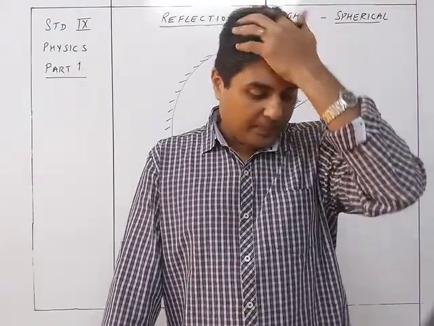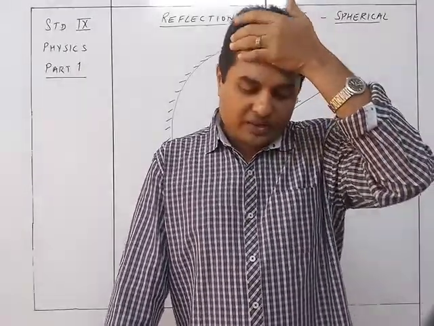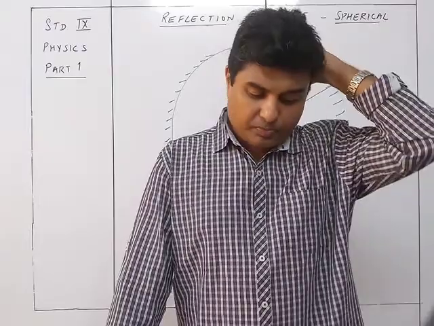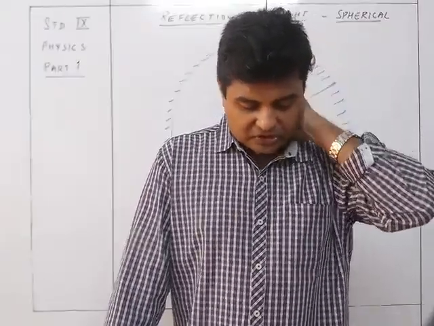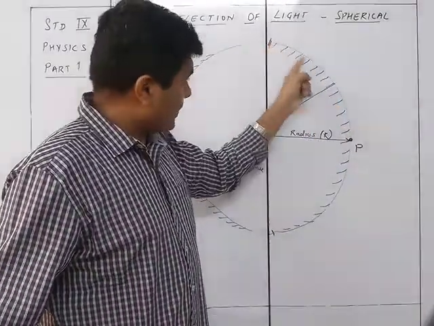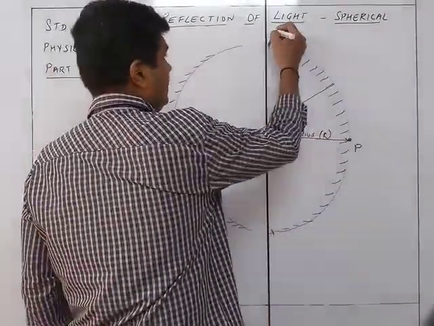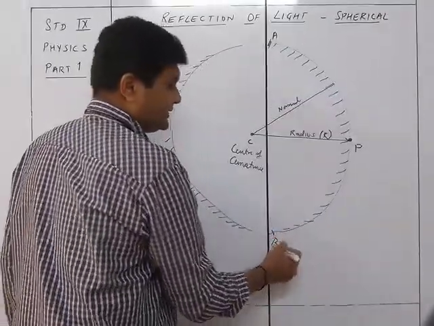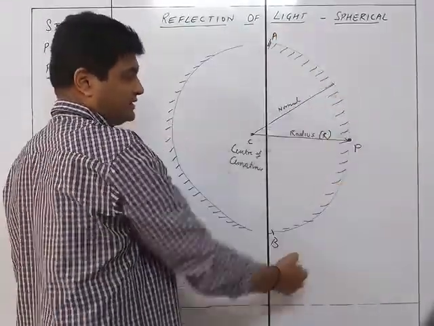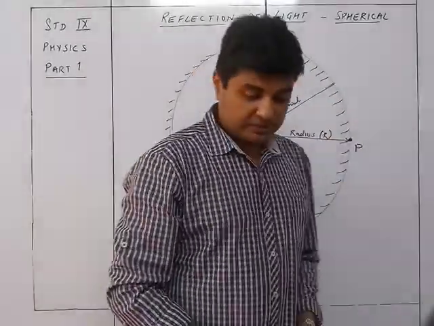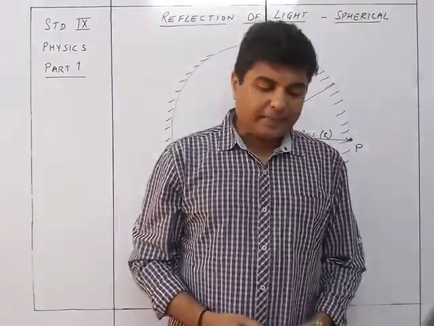Thus, in the mirror shown in the figure, the complete AB is the diameter of the aperture. If I mark it as A, B, then P is the center and this complete thing is the aperture.